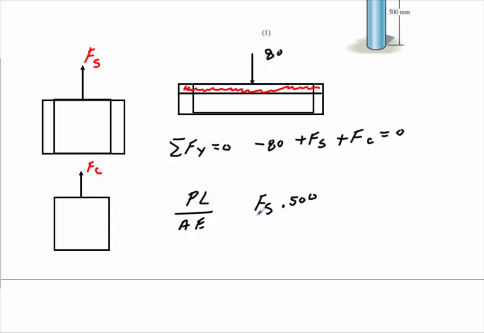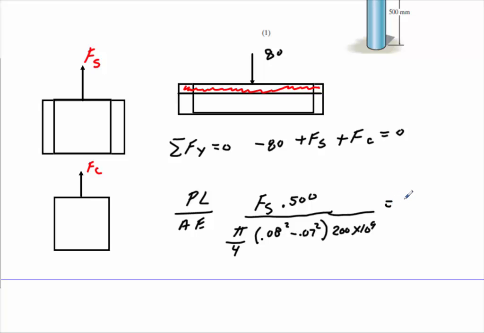Now it's going to be hollow, so we do pi d squared divided by 4. We take the outer, and we take that value of E, which for steel is 200 times 10 to the 9th.